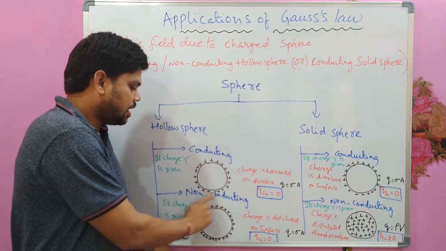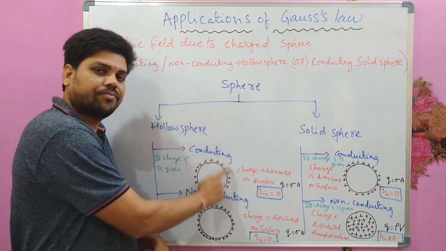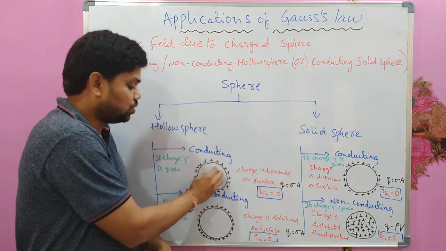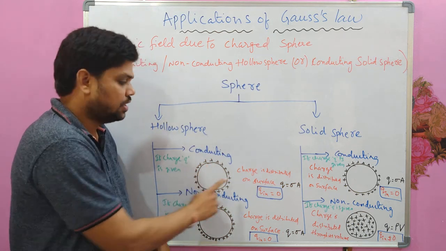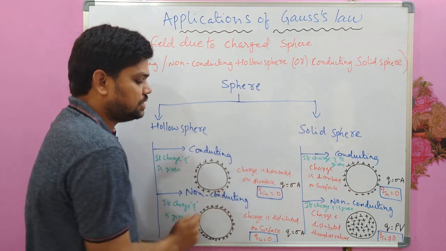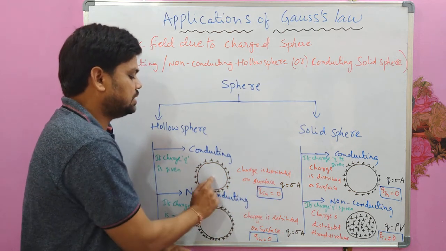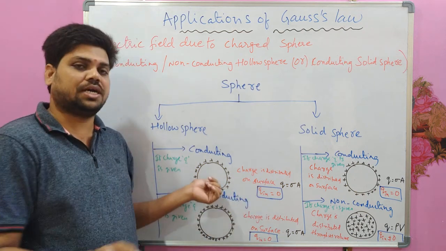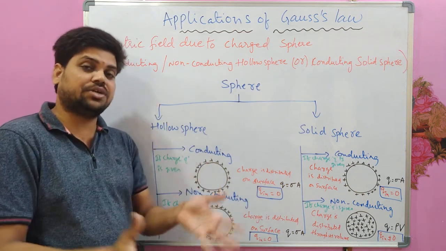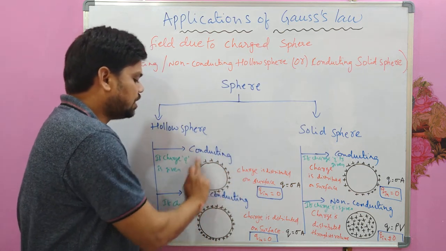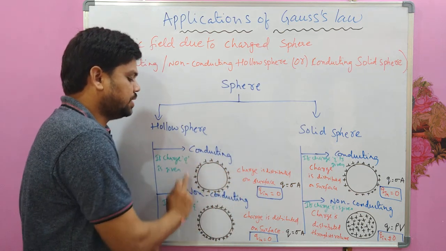The charge is on the surface; there is nothing inside, no charge accumulated inside. Charge is distributed on the surface, q inside is 0. Inside the sphere there is no charge. Whatever charge you have given is completely accumulated on the surface of the hollow sphere.